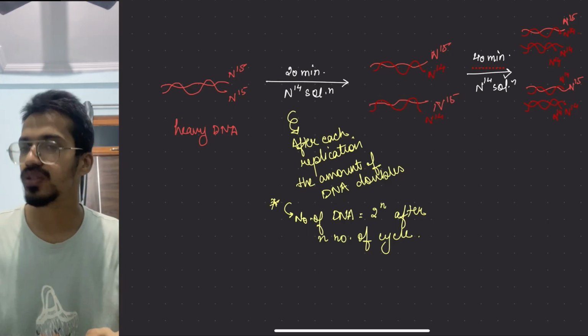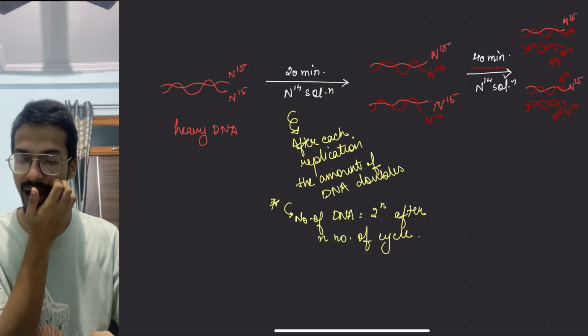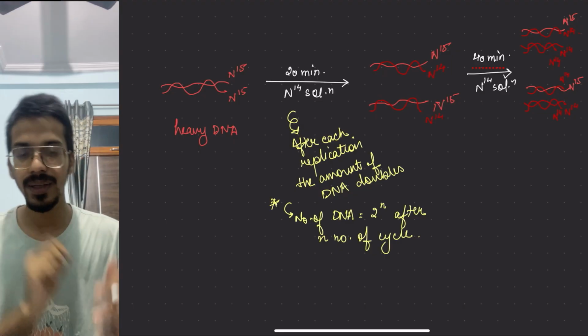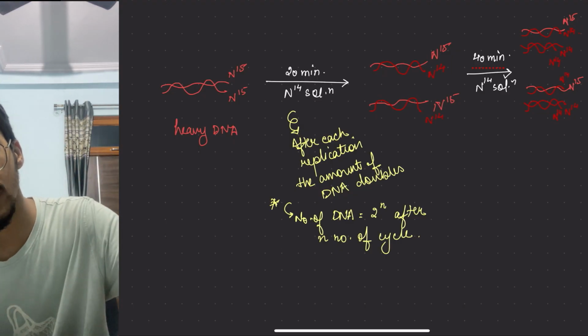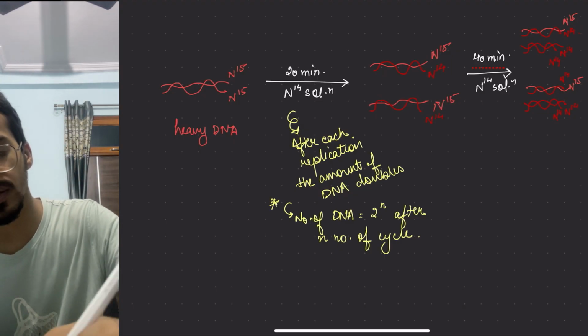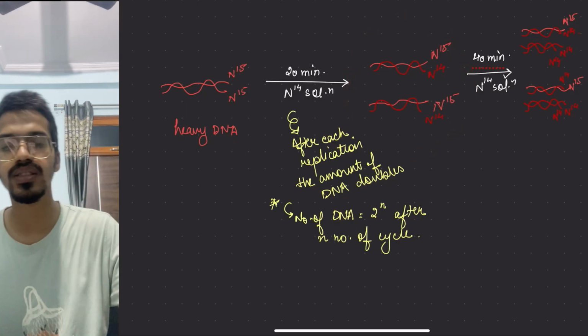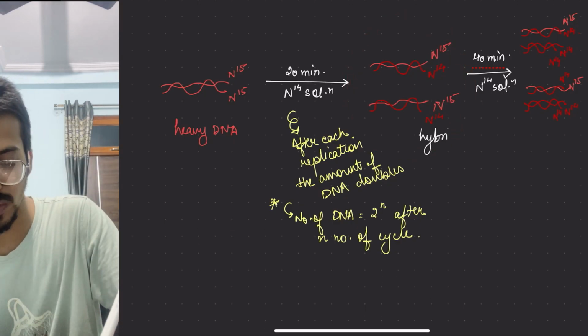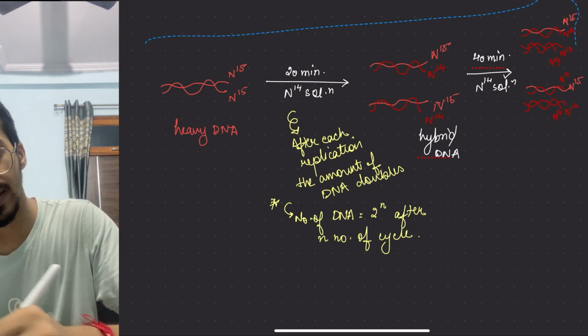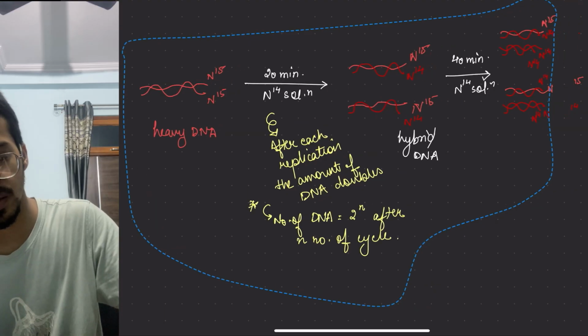Along with that, what else did we understand? We understood that the hybrid DNA was there. If you see over here, all of this is hybrid DNA. And one thing I have to write, so I have to just change it a little.